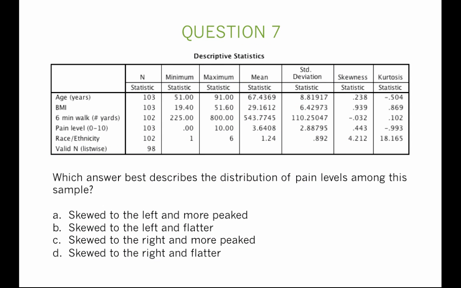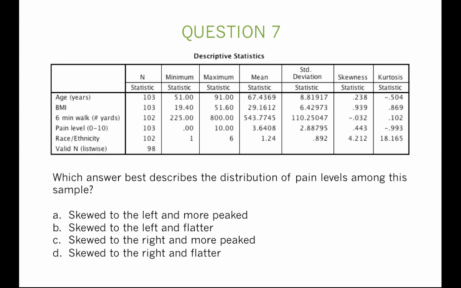Question number 7. We have a descriptive statistics SPSS output here. And we see we have sample size, minimum, maximum, the mean, the standard deviation, skewness, and kurtosis. And how many variables do we have?